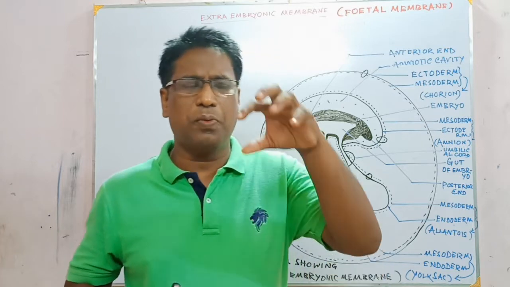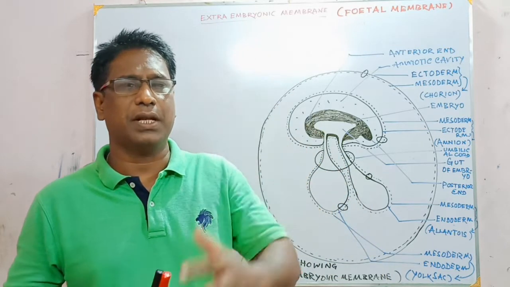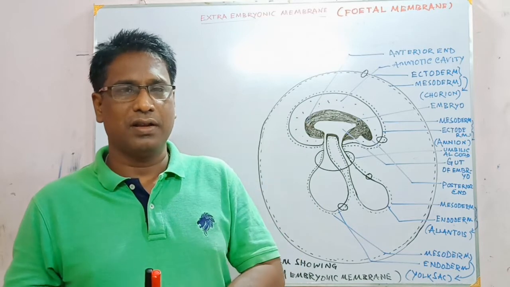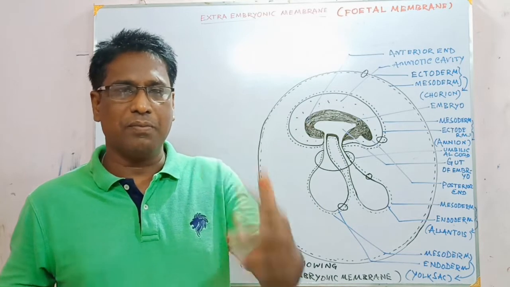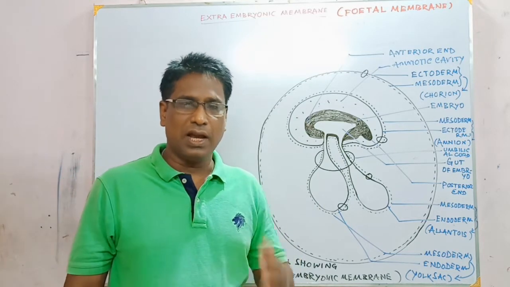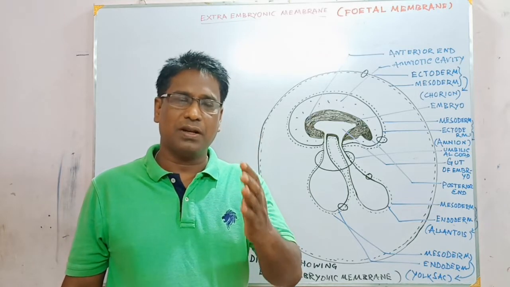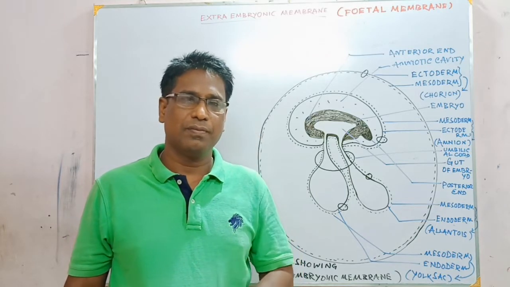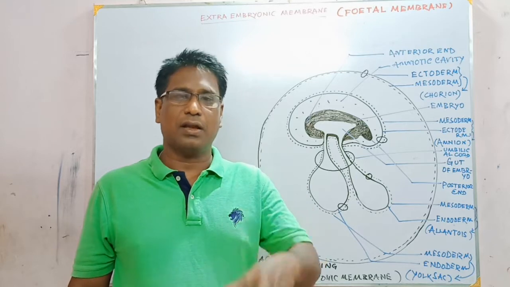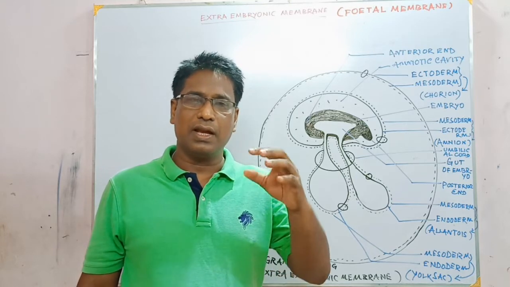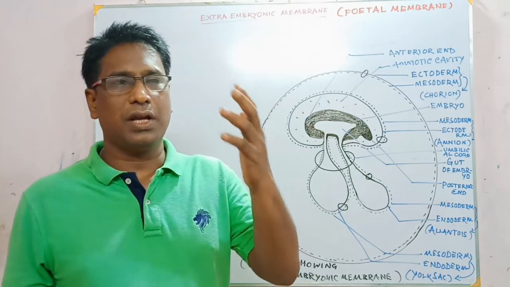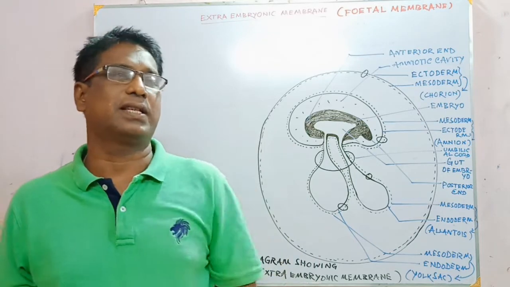These are the 4 extra embryonic membranes formed besides the embryo proper, which help in development of the embryo and also protect the embryo from any external shocks or injuries during pregnancy.